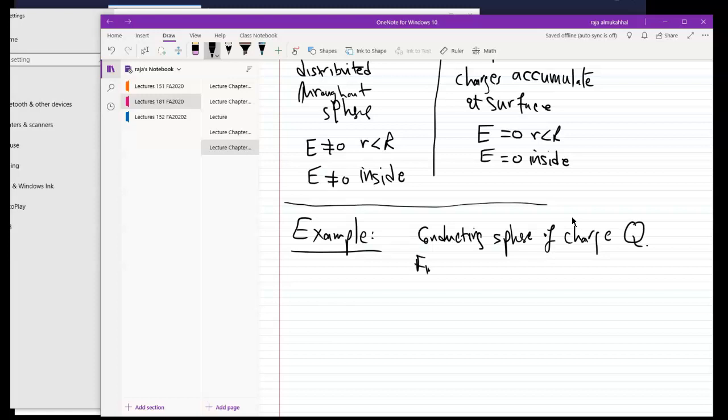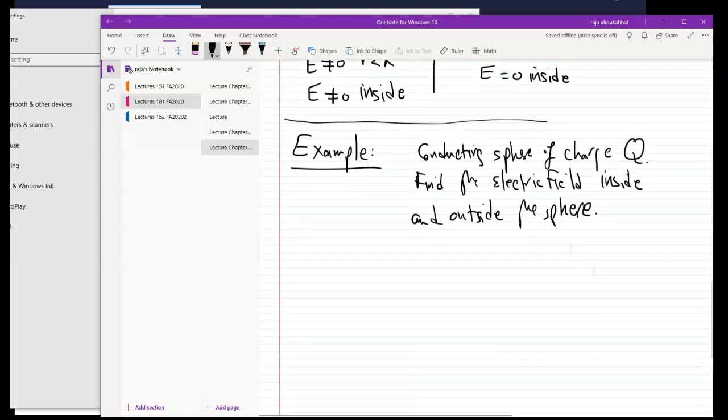And find the electric field inside and outside the sphere. Of course, we're going to be using Gauss's law. This is a simple problem. Okay, we haven't done the hard one yet.